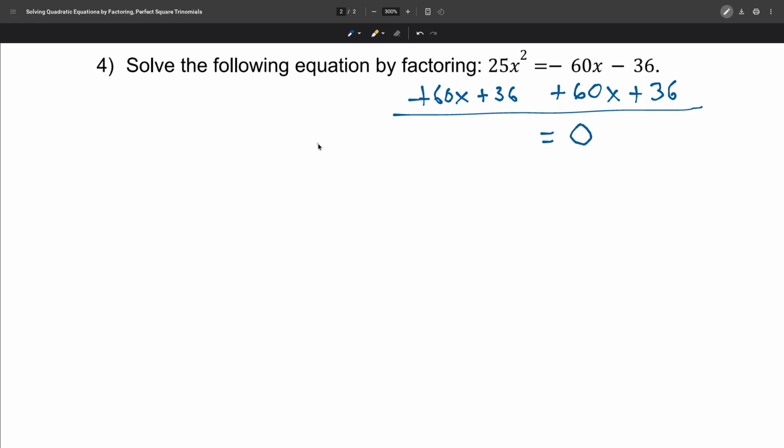On the left-hand side, we have 25x squared plus 60x plus 36.